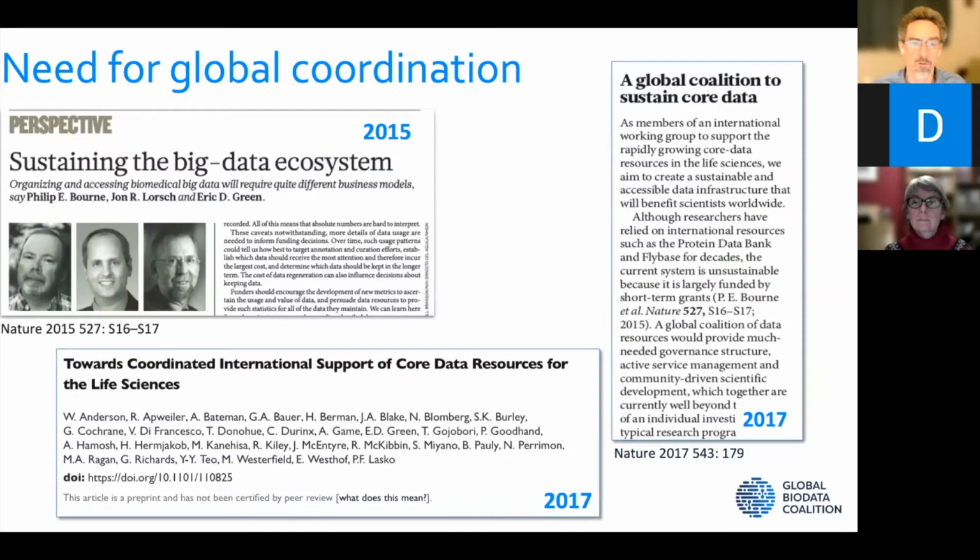So the need for coordination of funding has been recognized by funders for quite some time. This paper in 2015 described explicitly the problem and called for creation of a coalition of funders to address the issue.